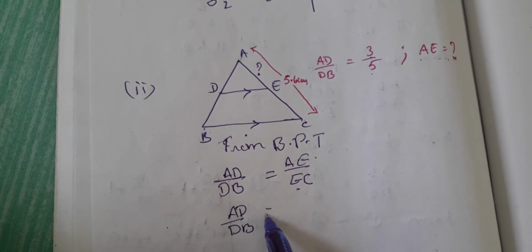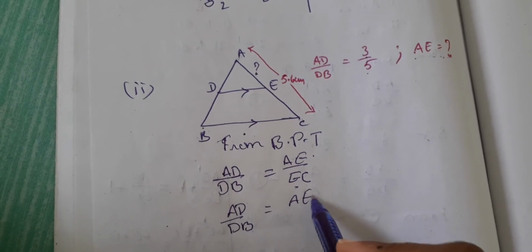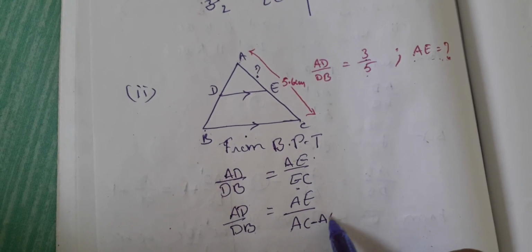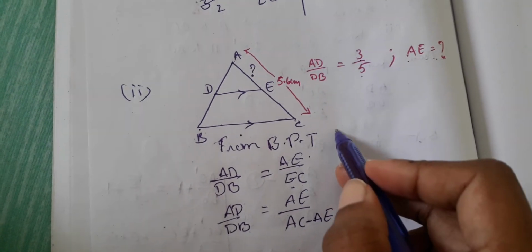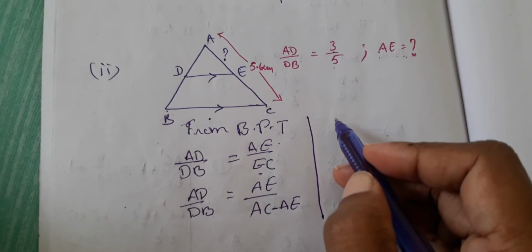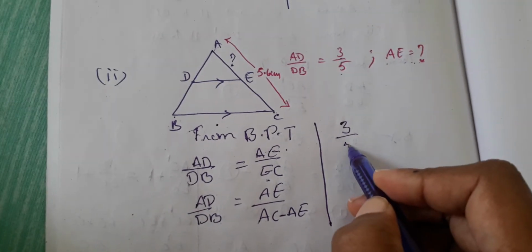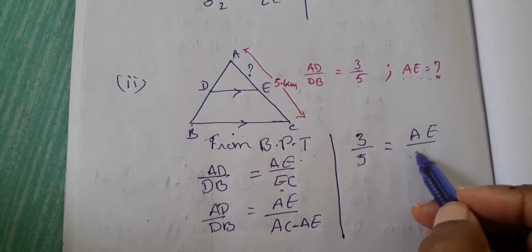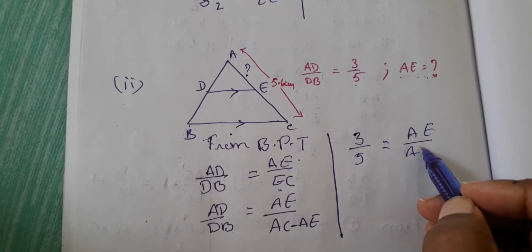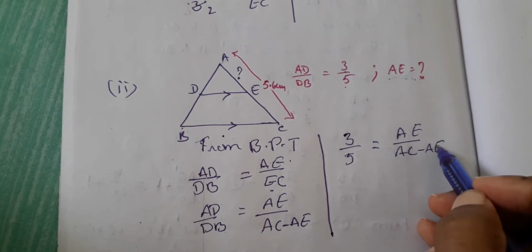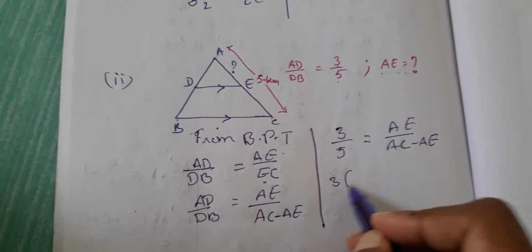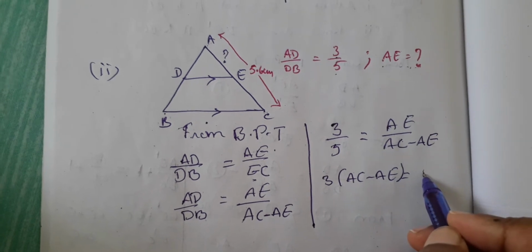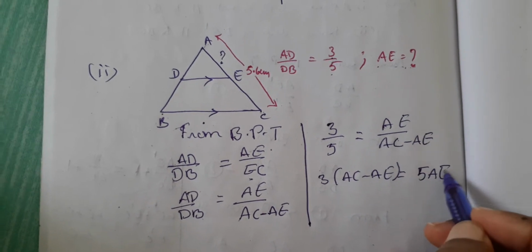AD by DB, which is equal to AE by EC, can be written as AC minus AE. AD by DB is 3 by 5. So 3 by 5 is equal to AE by AC minus AE. Let us cross multiply here. 3 into AC minus AE is equal to 5 into AE.